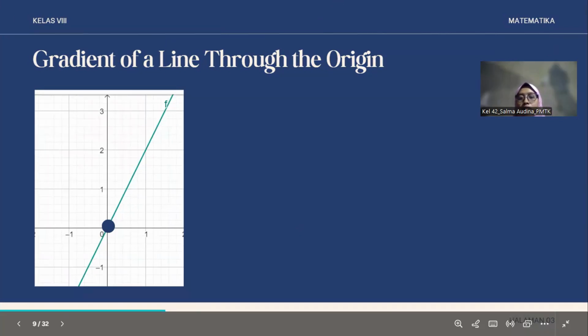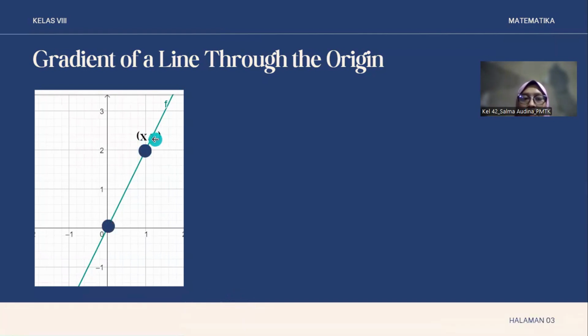Let's say the second point is x, y, where x is the value on the x-axis and y is the value on the y-axis.